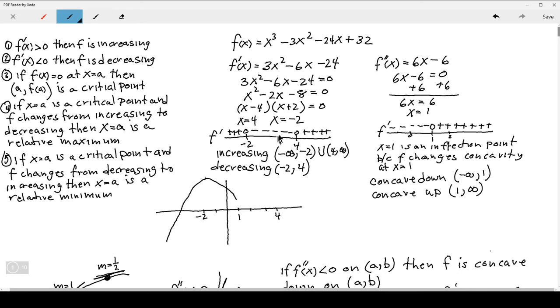But notice over here at 1, it's still decreasing. So it's going to change concavity, and it's going to continue to decrease until it gets to 4. And then at 4, it turns around and it starts increasing, and it stays concave up. All right, so it's going to do something like this. And of course, that would continue at both ends.